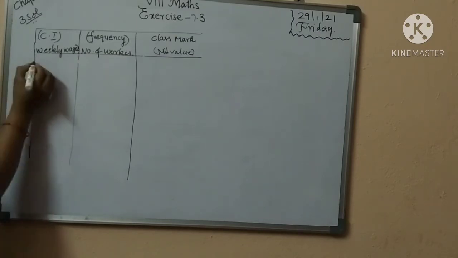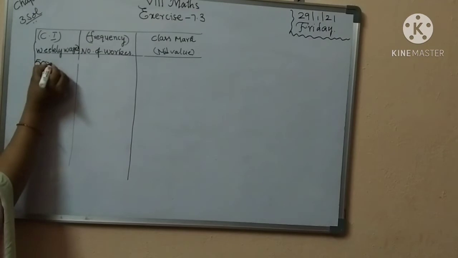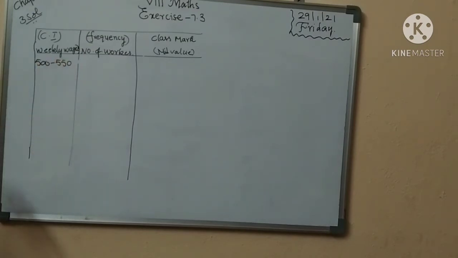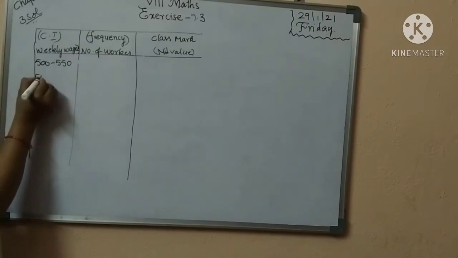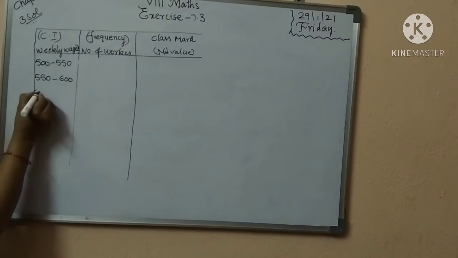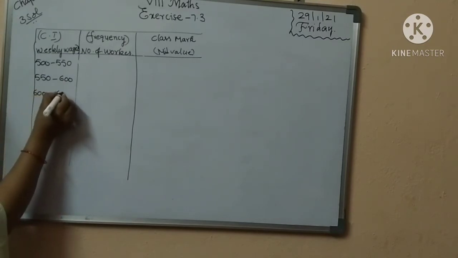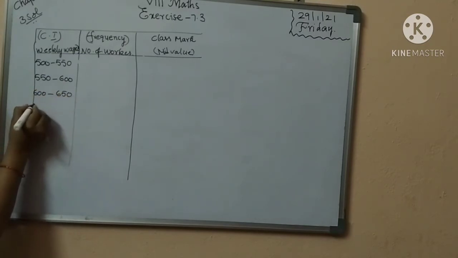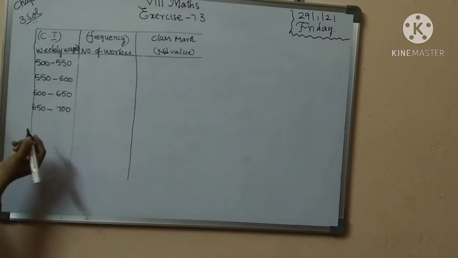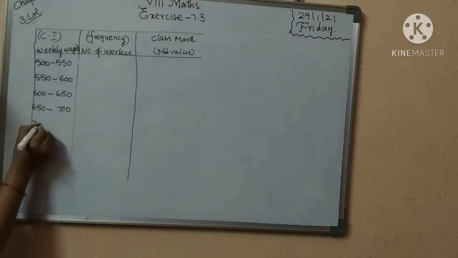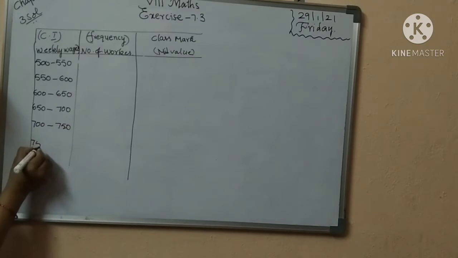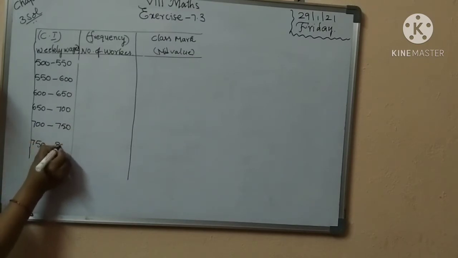Weekly wages: 500 to 550, next 550 to 600, next 600 to 650 and 650 to 700, 700 to 750, 750 to 800.